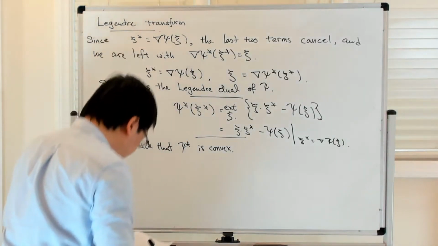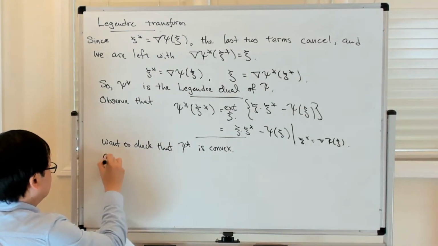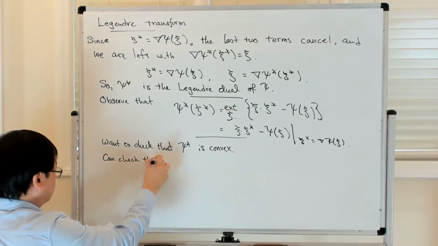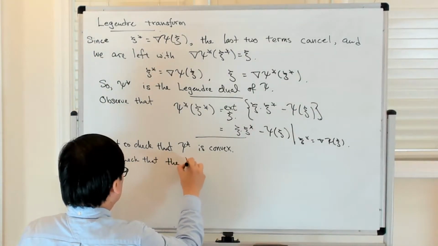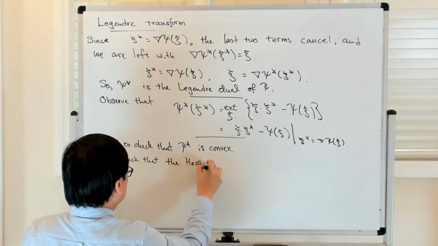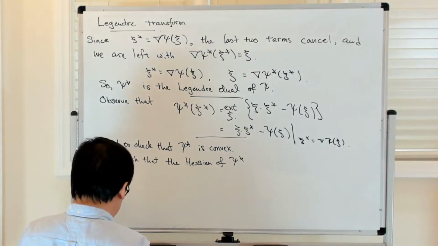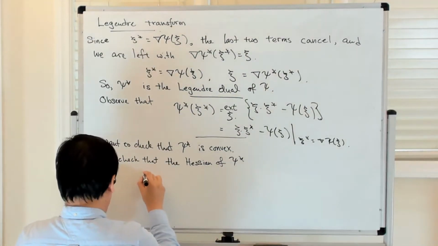The basic idea is that you can check that the Hessian of psi star is given as follows.